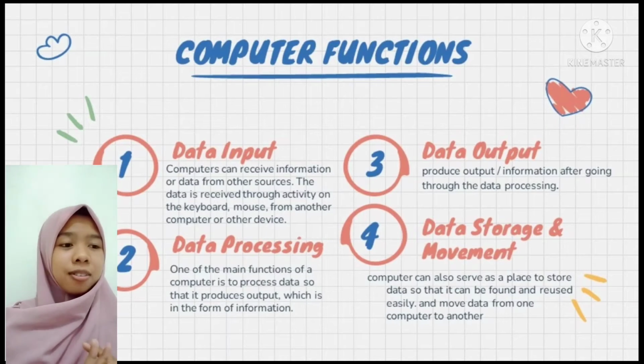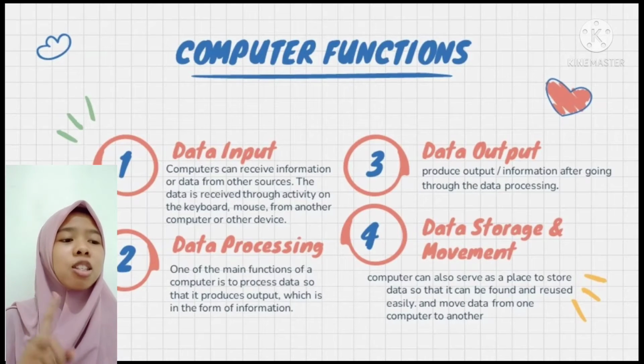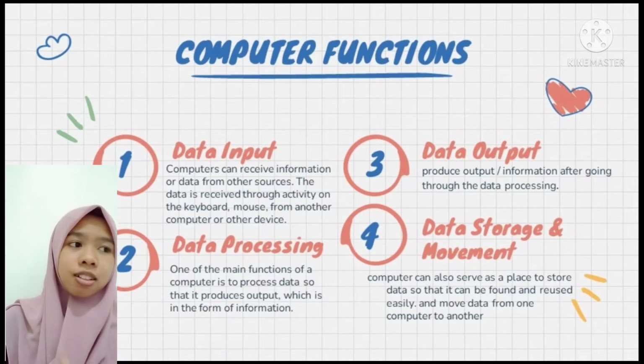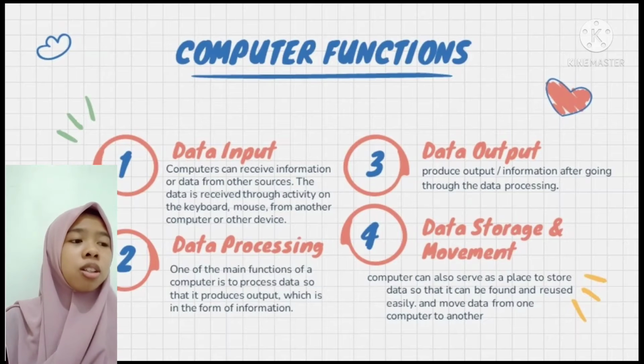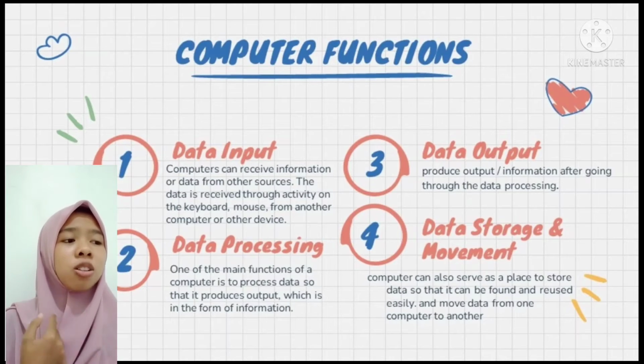Data processing. One of the main functions of a computer is to process data so that it produces output, which is in the form of information. 3. Data output. Produce output or information after going through the data processing.